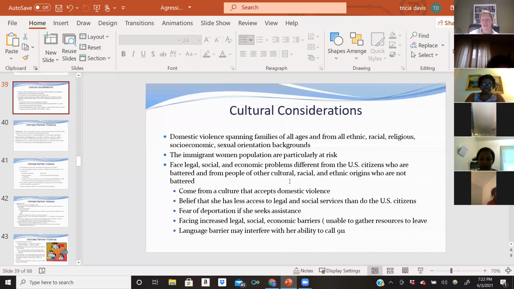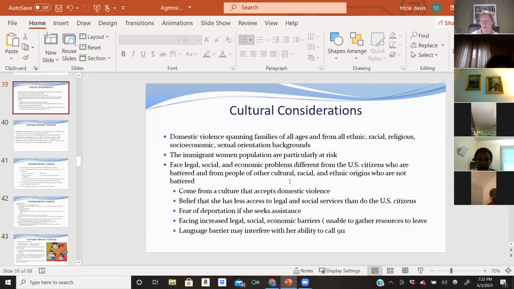So they come from a culture that accepts domestic violence. They believe that they have less access to legal and social services than US citizens do because they're not US citizens. They are afraid that if they seek assistance, they could be deported, and they face increased legal, social, and economic barriers. Sometimes they might just be here by themselves.